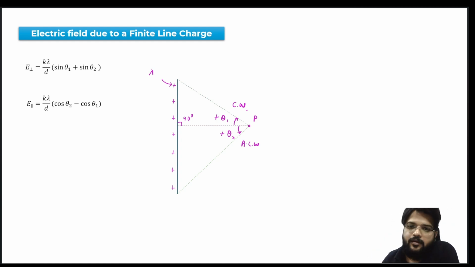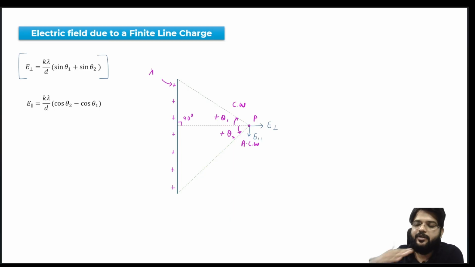So at this point P we have two components of electric field: the perpendicular component E perpendicular and E parallel. The E perpendicular value is k lambda by d times (sine theta1 plus sine theta2). Theta1 is the upper angle, theta2 is the lower angle.